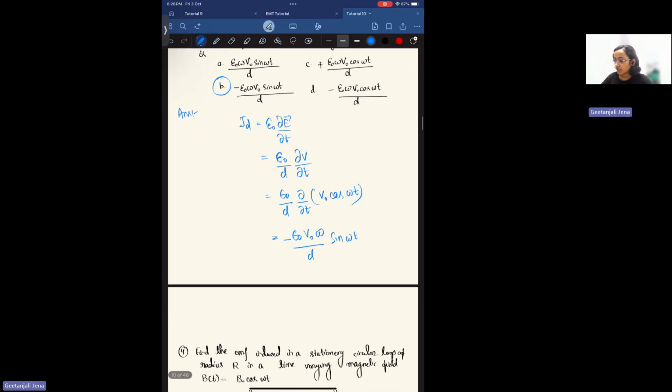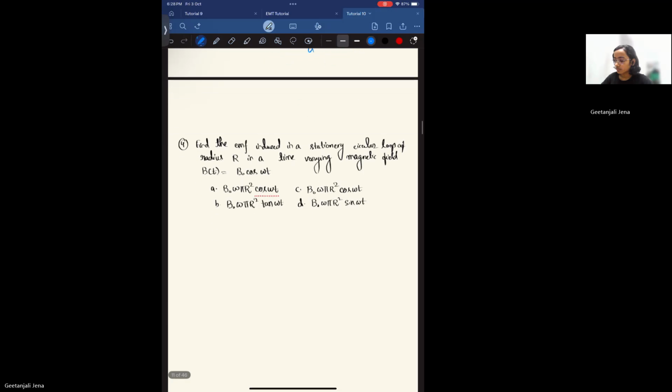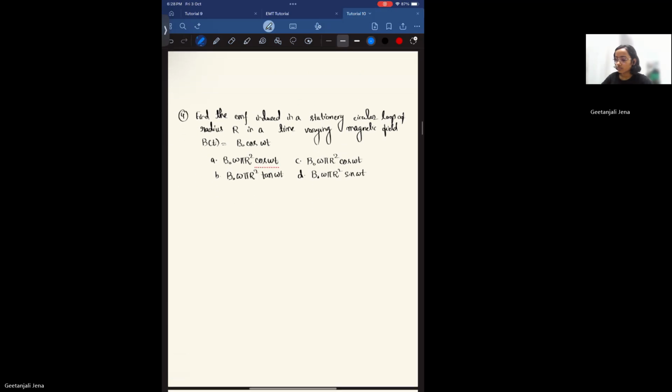Okay, so let us move to our next problem. I will give you some time to calculate it. Let me first read out the question. You need to calculate the EMF induced in a stationary circular loop of radius r in a time varying magnetic field B(t).